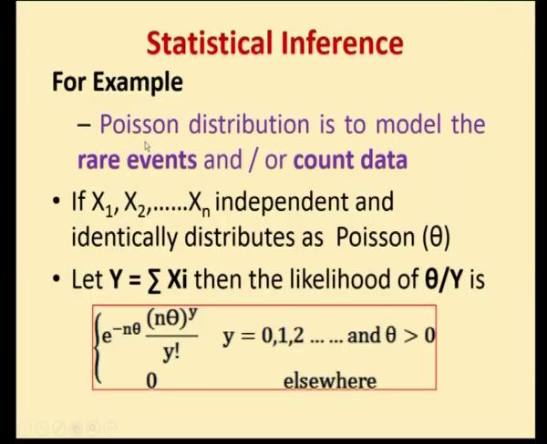Let me give a simple example based on a fundamental distribution for count models, which is the Poisson distribution. There are two terms we would like to emphasize. One is rare event, or sometimes a simple definition called count data. Rare events are of much interest because their occurrence is probabilistic and undetermined, and we may not even know the pattern of occurrence.